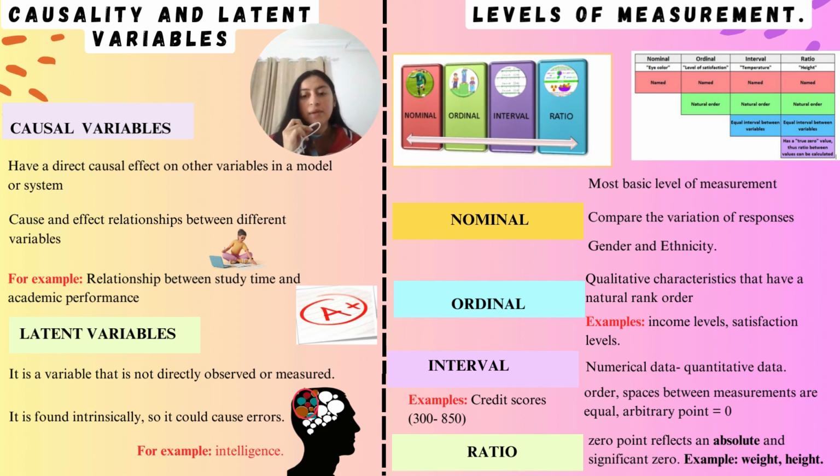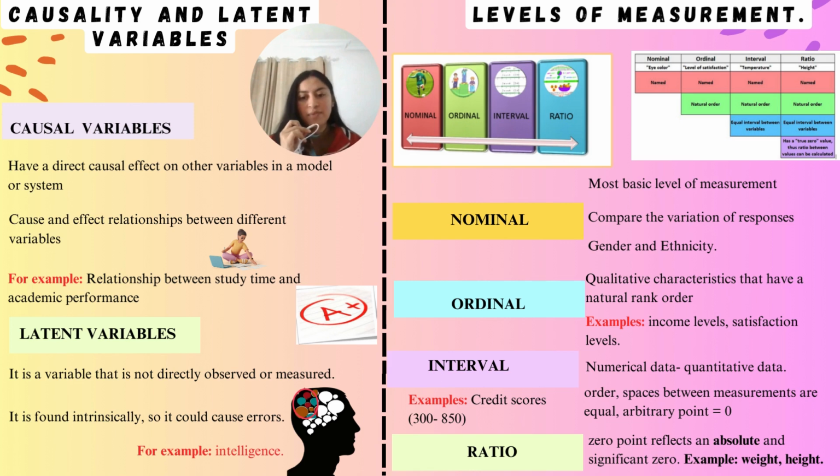And latent variables. A latent variable is a variable that is not directly observed or measured, but is inferred through the measurement of other variables. It is intrinsically found, so it could cause error.